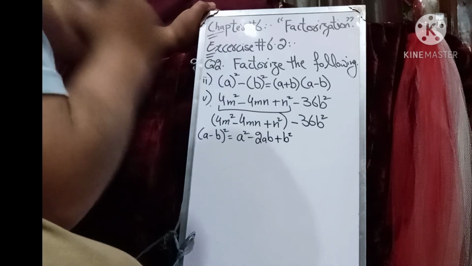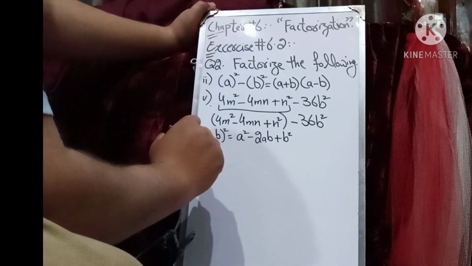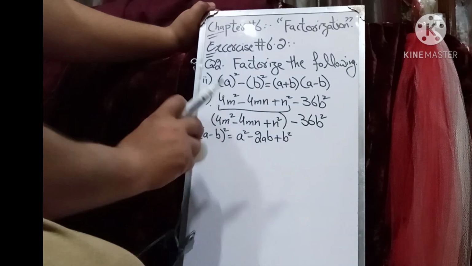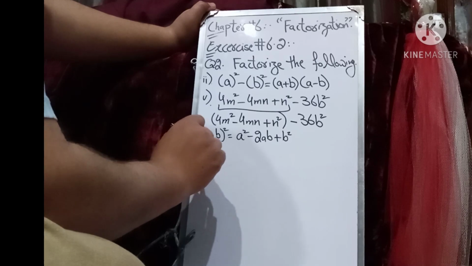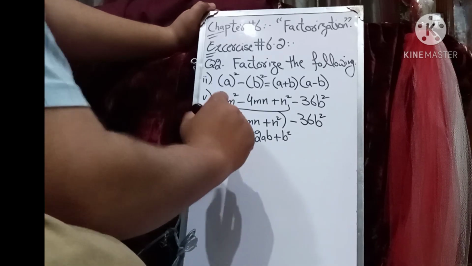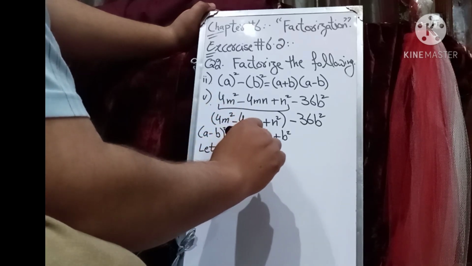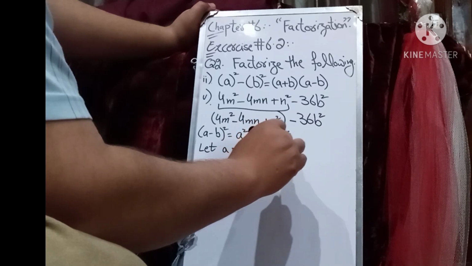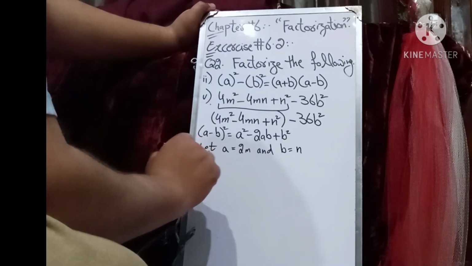So you know that a minus b whole square is equal to a square minus 2ab plus b square. So let's suppose that a is equal to 2m and b is equal to n.